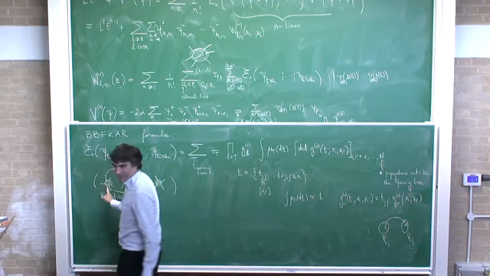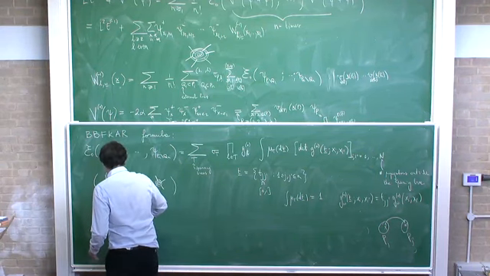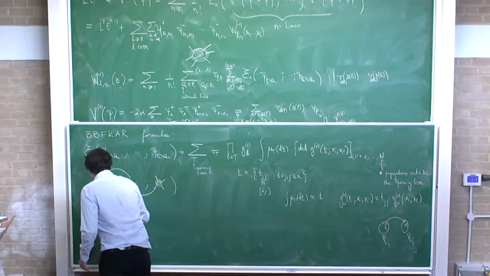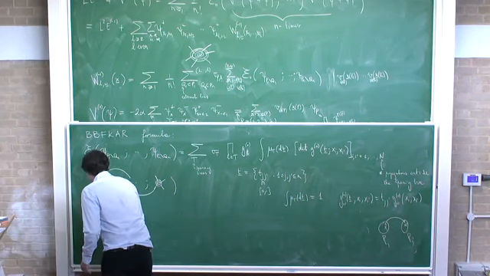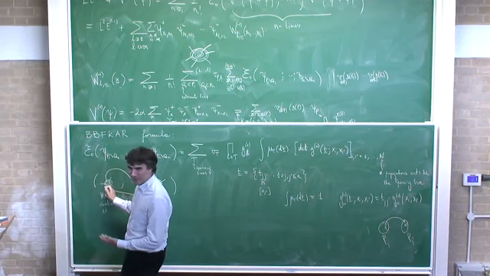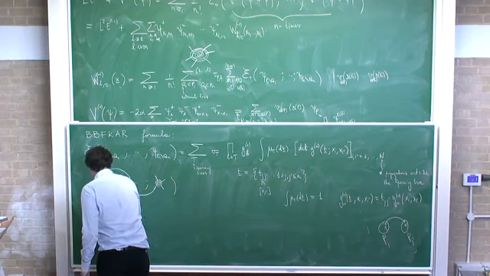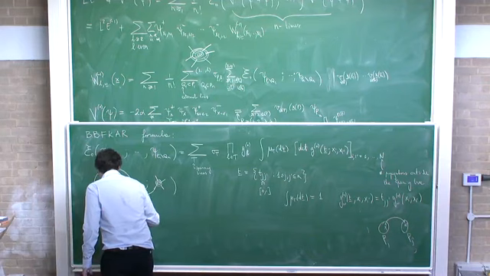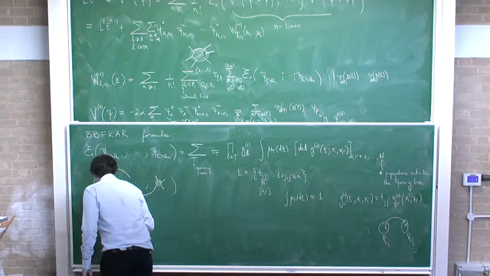Maybe these are the contracted legs exiting from this blob P1 minus Q1, graphically exiting from the first vertex.